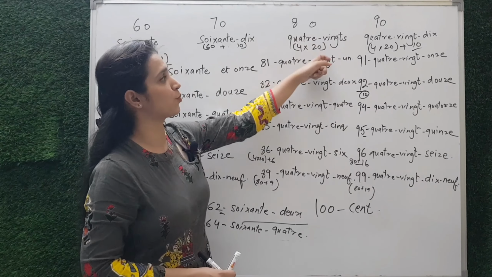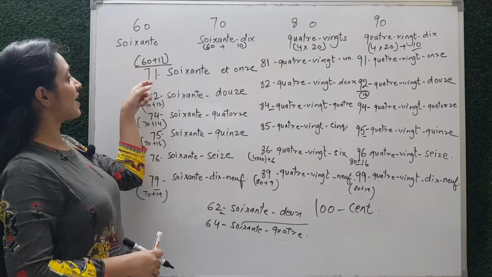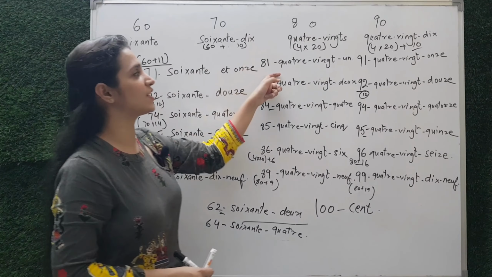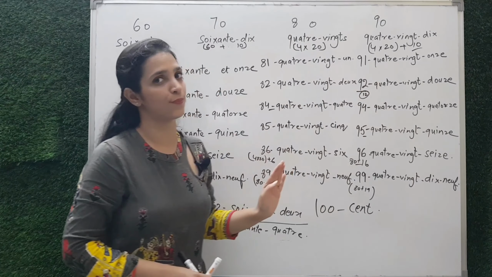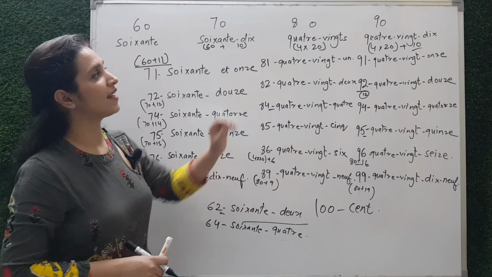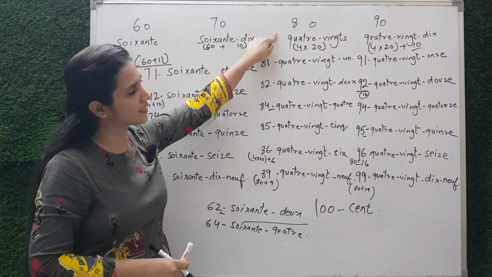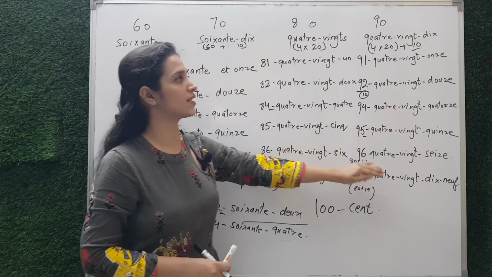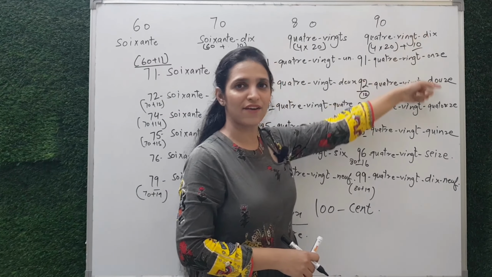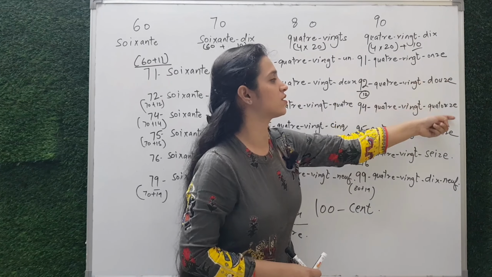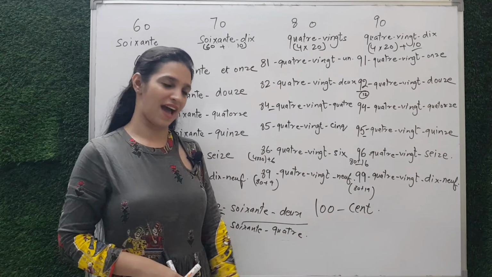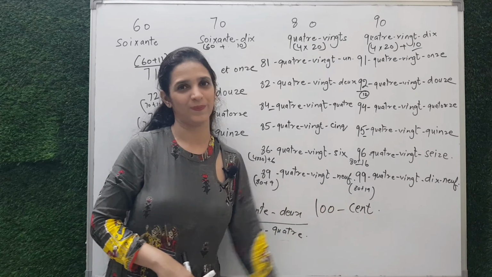Quatre-vingts, which is 4 into 20, and after 71, in 81 and in 91 we do not put ET. And again in 90, as it is taking its name from 80, over here we are using numbers from 11 onward, that is onze, douze, treize, quatorze, etc. And last, 100 is cent.